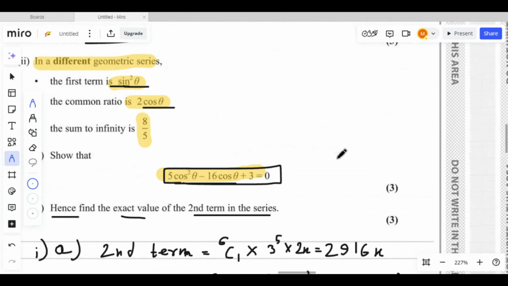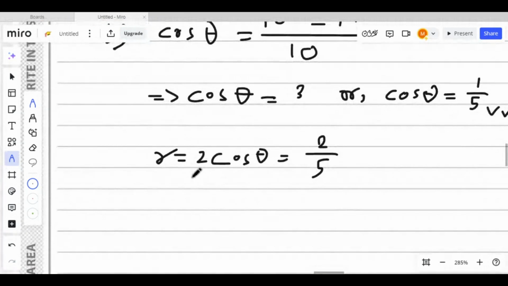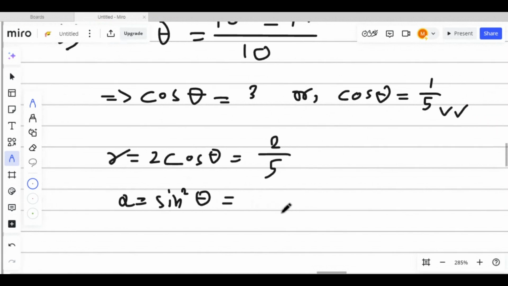First term a is sine squared theta. So sine squared theta equals 1 minus cos squared theta. This is 1 minus 1 over 25. So this would be 24 over 25.